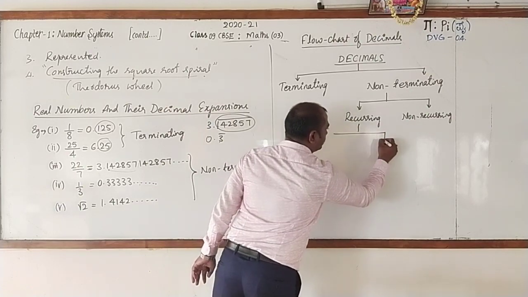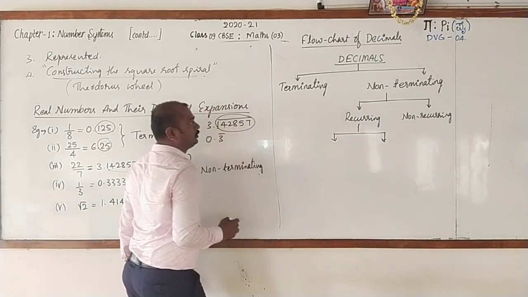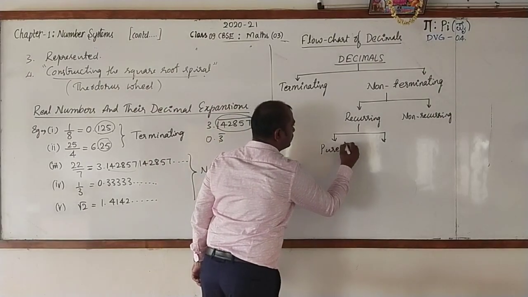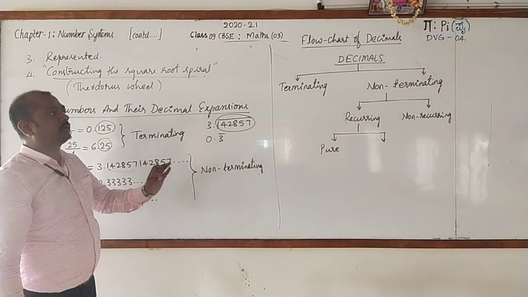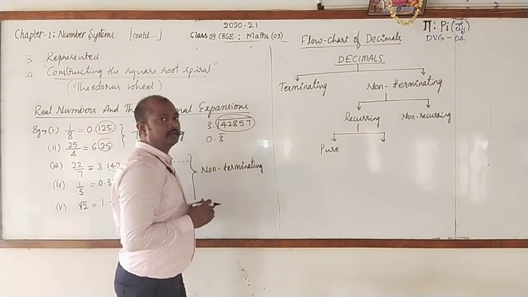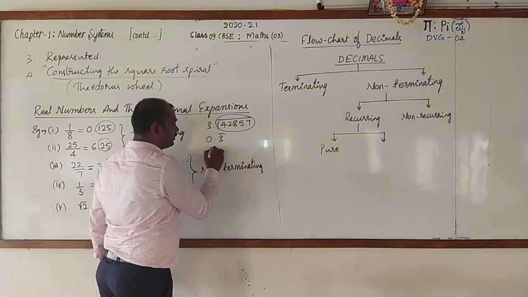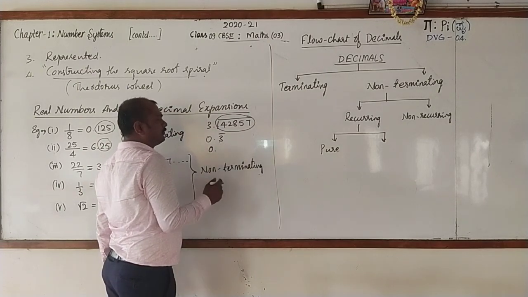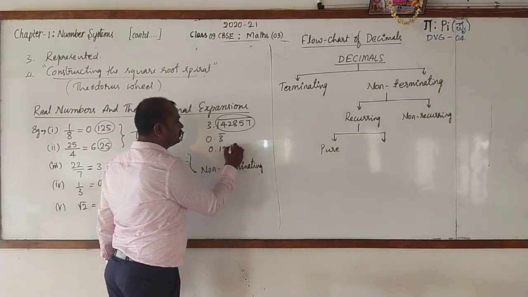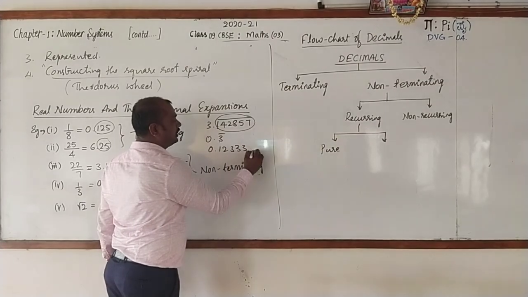So in recurring we have two types. One is pure recurring decimal expansion. Another one is impure. Suppose I take some value like this: 0.123333 and so on.